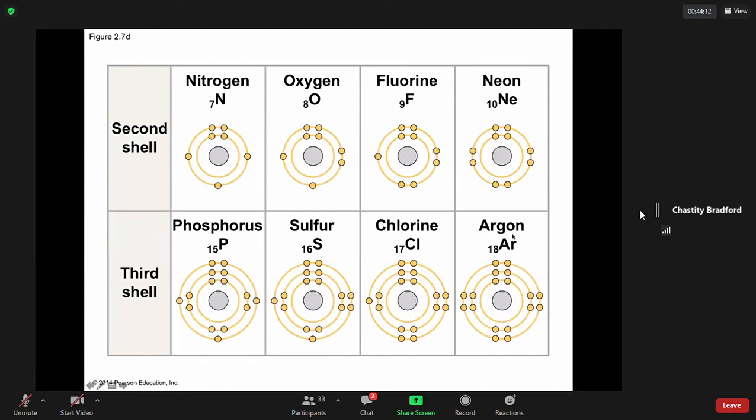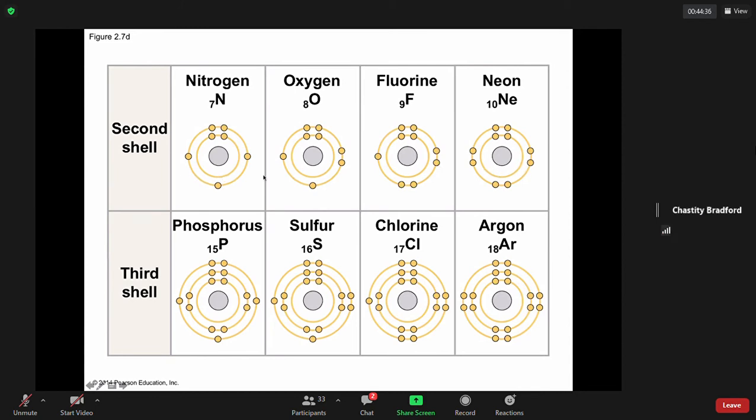Kelia Perkins, does neon have an incomplete valence shell? No. Correct. Does that make sense, everybody? Notice how we worked our way to the right.